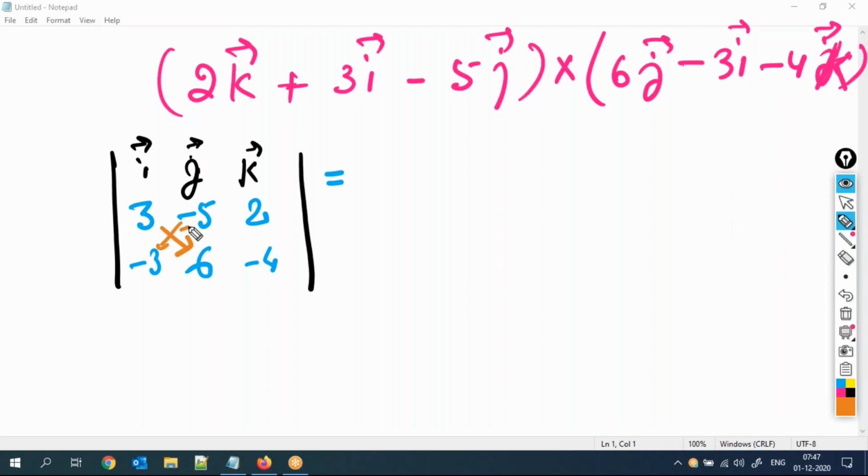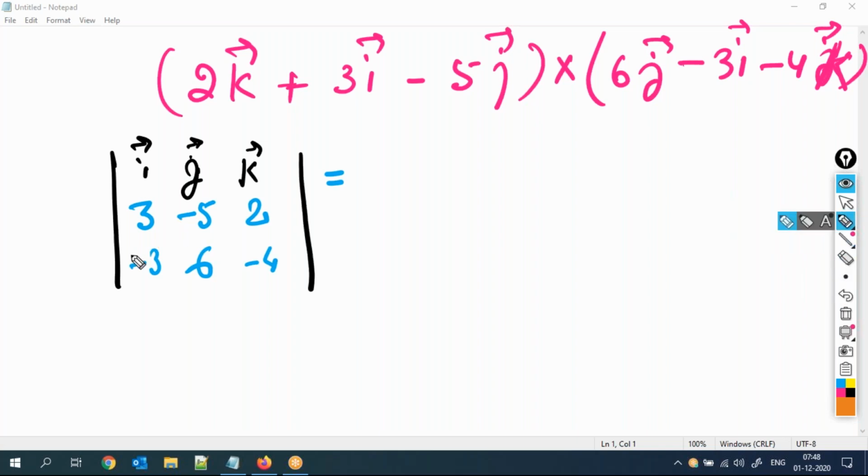Do you understand? Yes, sir. So we are doing exactly the same thing in a better format. I is 3, cross j is 6, will be k. Yes or no? Yes, sir.